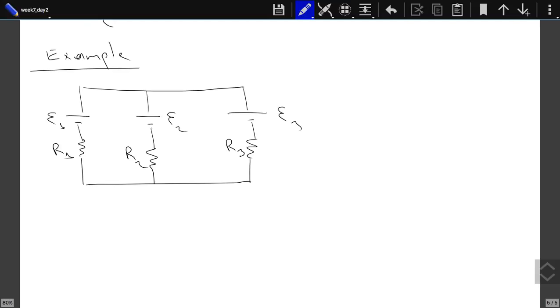But from this point on, does that current split into part of it going in this direction, part in the other wire, or is there another current in this wire going upward towards both of them combined that goes to E1? We don't know. We have to solve for them and determine even the directions of the currents. Beforehand, we don't know the directions.